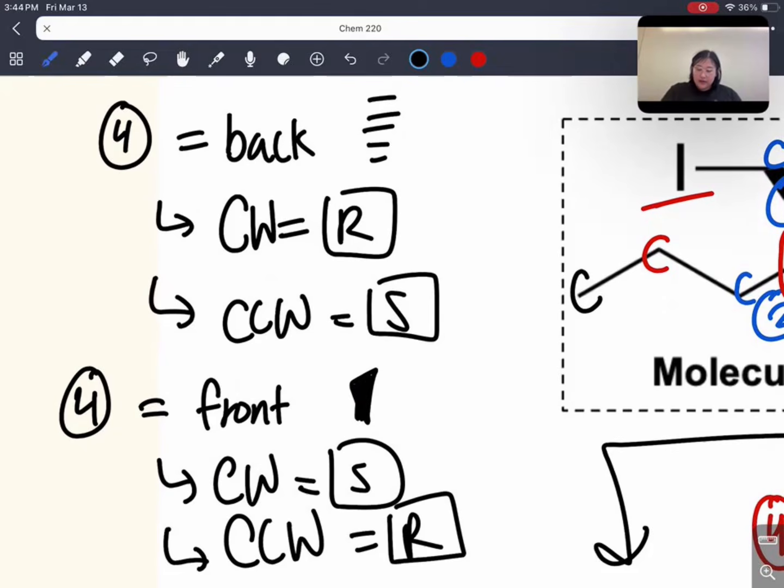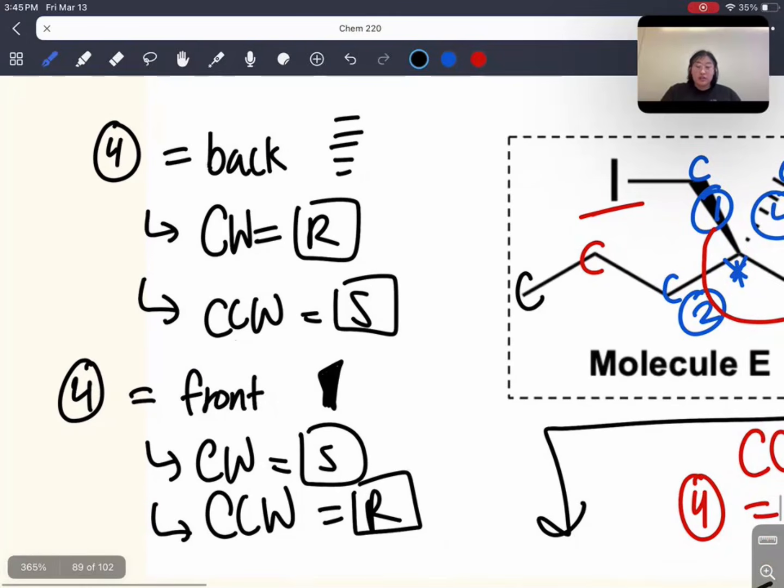The way I like to remember this is to pick one of these cases to remember. I like to remember the one with the lowest substituent in the back, because that's where you want the lowest substituent; you don't want it in the front.